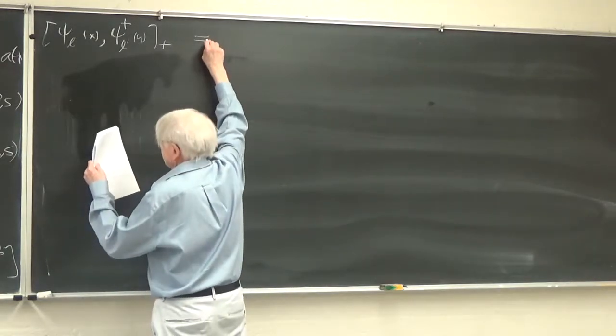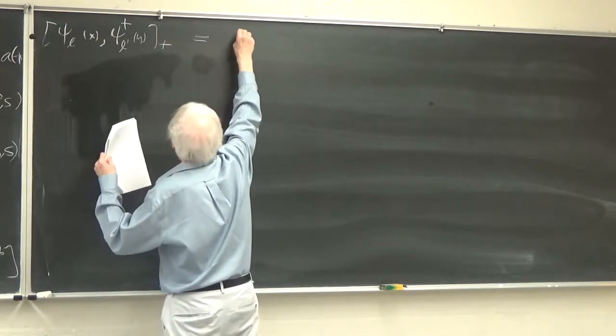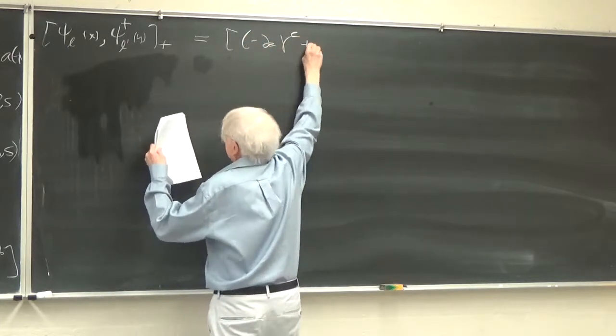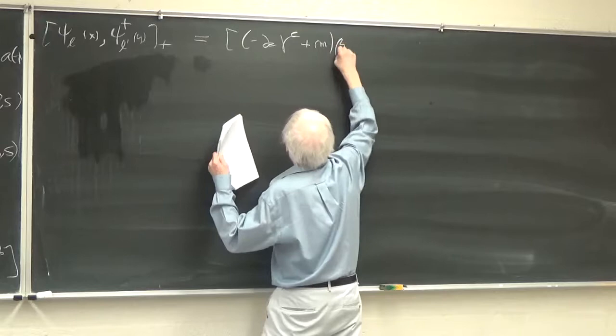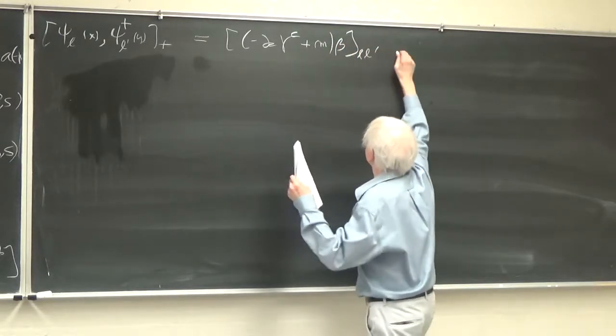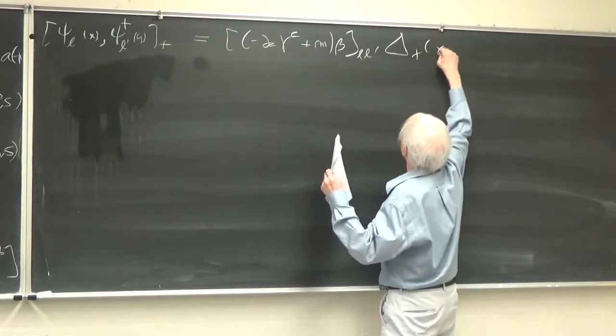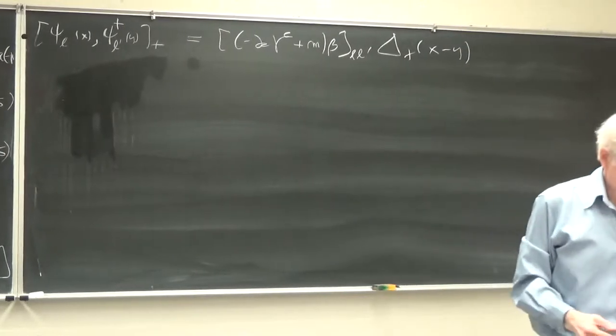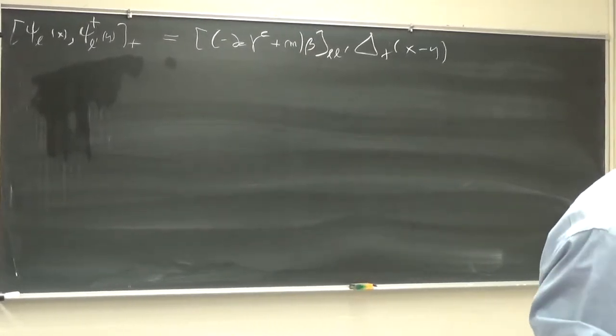And so this is minus b c gamma c plus m beta L prime delta plus of x minus y.